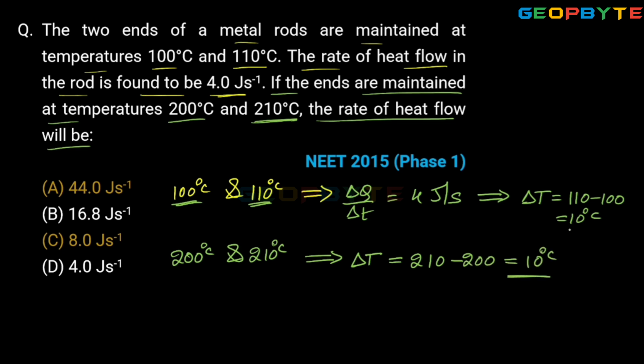For the first case, for a 10 degrees centigrade temperature difference, the heat transfer rate is 4 joules per second. In the second case also, since the temperature difference is the same, though both ends are at high temperature, the temperature difference is what causes heat transfer. As long as the temperature difference remains the same, the heat transfer rate remains the same.